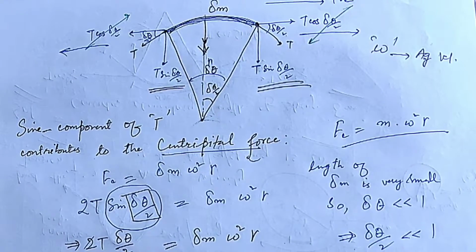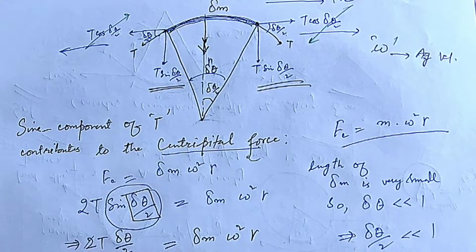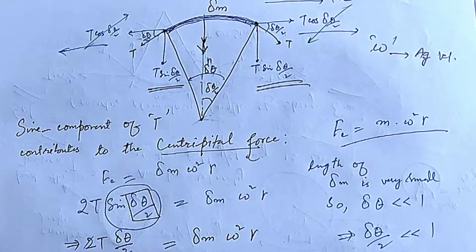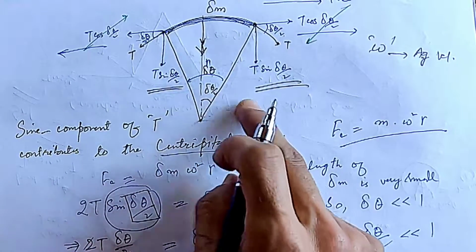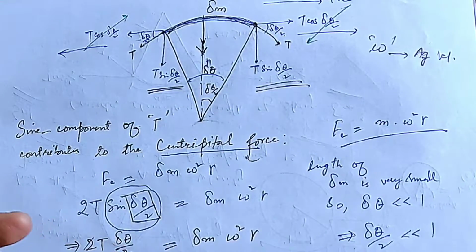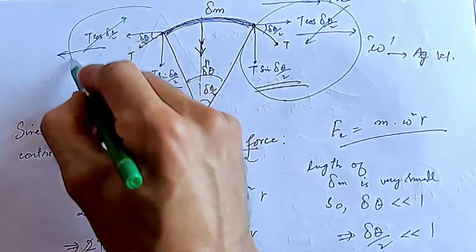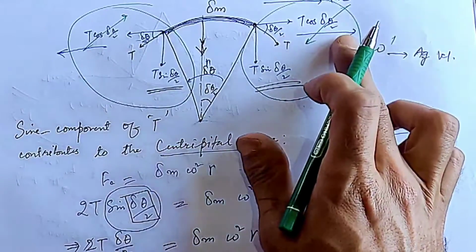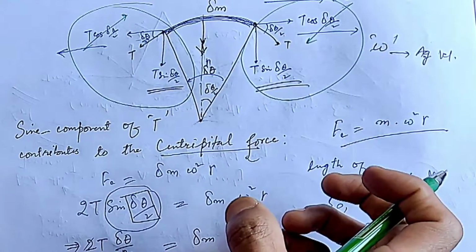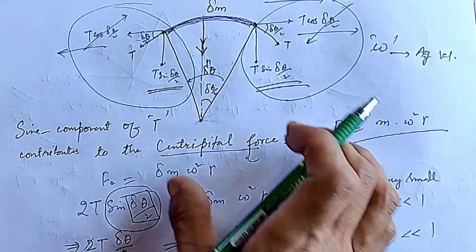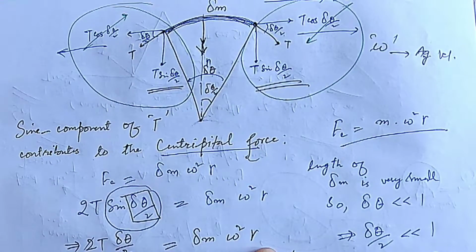Doing the mathematics is very, very much simpler. But at first instance, you have to understand how these components come into existence, how these are canceling out each other, and how sine component only remains there, and what are the contributions of different kinds of stuff.